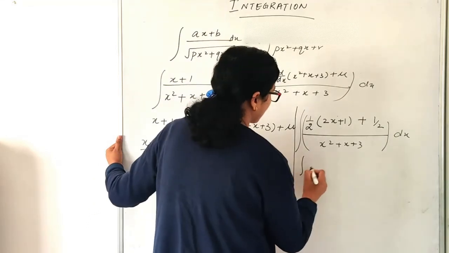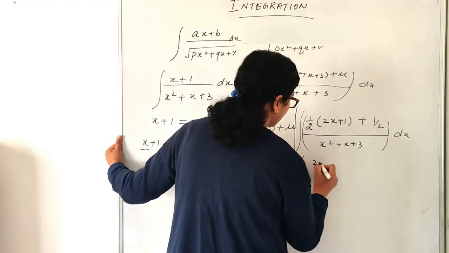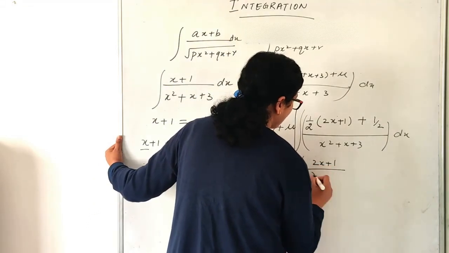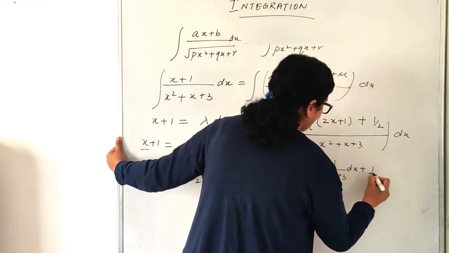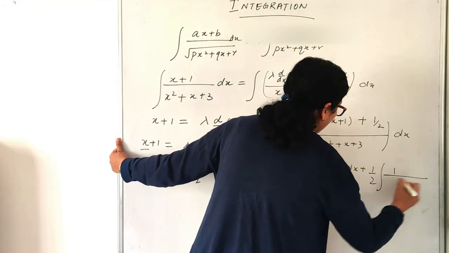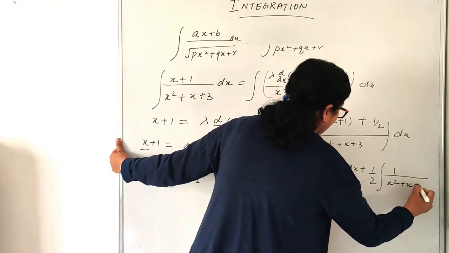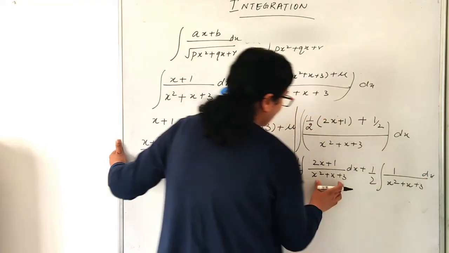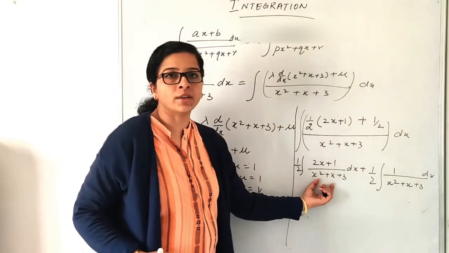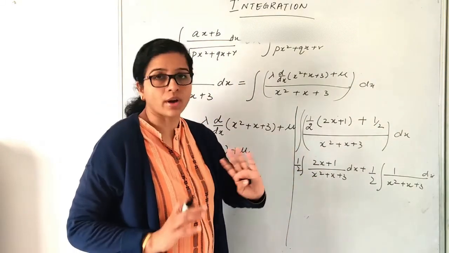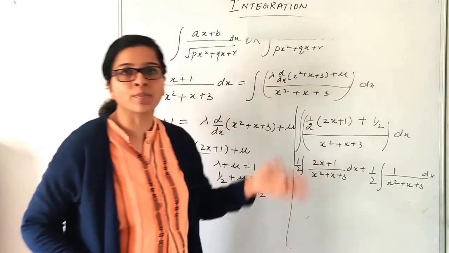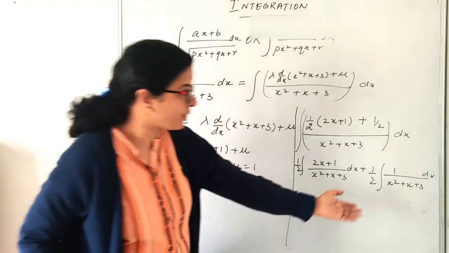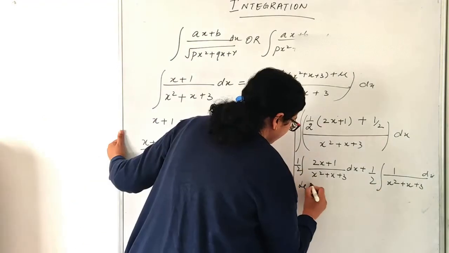So it will become 1 by 2 times the integral of 2x plus 1 upon x square plus x plus 3 dx, plus 1 by 2 outside times the integral of 1 upon x square plus x plus 3 dx. In the first integral you will assume the denominator as t and in the numerator you have its derivative. Done. In the second, as in the previous question, we make a perfect square, which we are going to do.